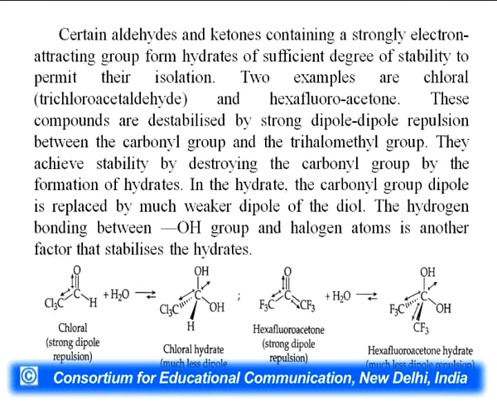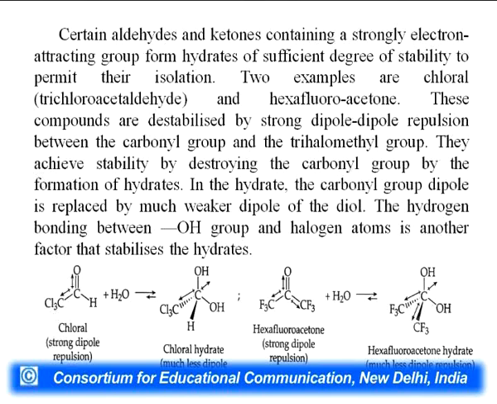Certain aldehydes and ketones containing electron attracting groups form hydrates of sufficient stability to permit their isolation. Two examples are chloral, which is trichloroacetaldehyde, and hexafluoroacetone. These compounds are destabilized by very strong dipole-dipole repulsion between the carbonyl carbon and the trihalomethyl group.